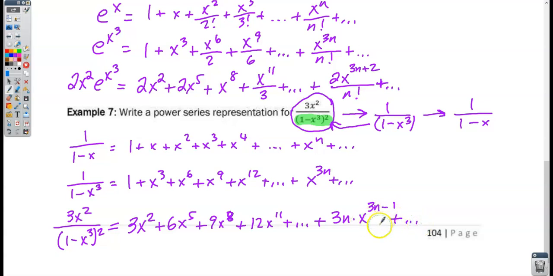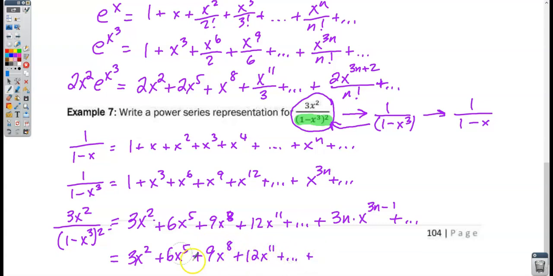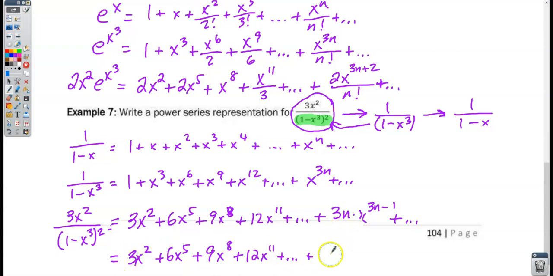All right, now my general term doesn't work out so that this is the 0th term. So I'm going to replace everything that's represented by n here with n plus 1 to shift that general term so that this is the 0th term right here. And so I'm going to have 3 times the quantity n plus 1 times x to the 3 times quantity n plus 1 minus 1, which is 3n plus 3 minus 1.